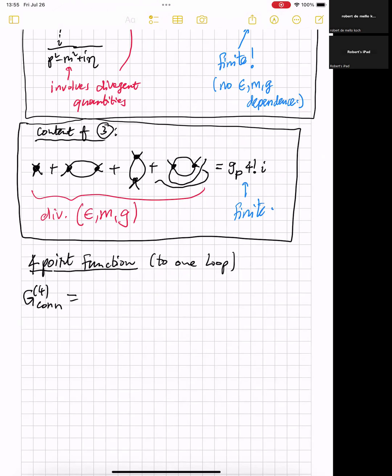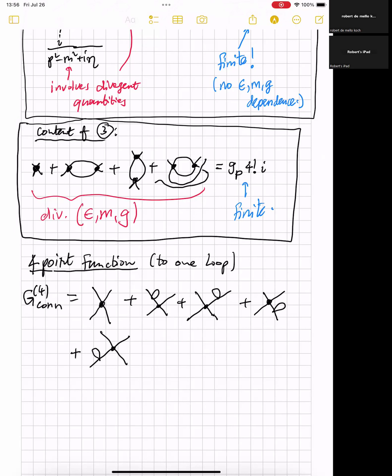So if we write down a sum of all of the one loop diagrams, well, certainly we've got that. Then we will have this. We will have this. We will have that. We will have this.